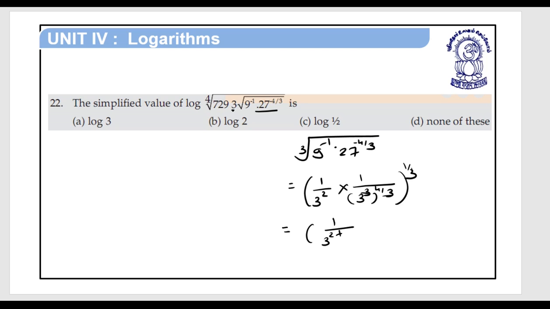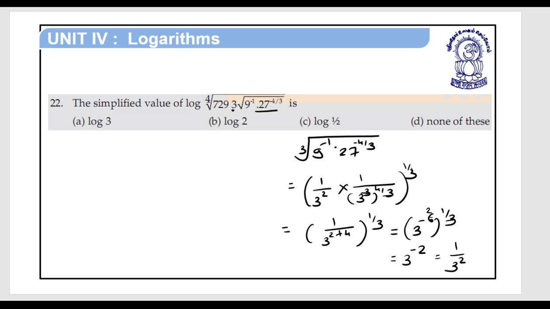So 3 raised to minus 2 minus 4, that is 3 raised to minus 6, raised to 1 by 3. 3 2s are 6, so 3 raised to minus 2, which is equal to 1 upon 3 square.